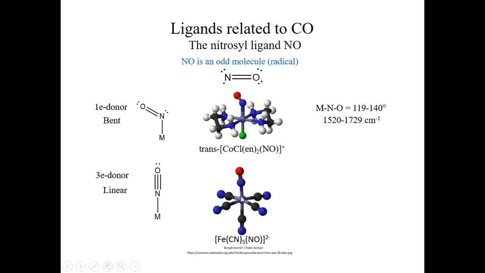And you can see this from the fact that the metal nitrogen oxygen bond angle is nearly 180 degrees. Okay, so typically the bond angle can vary between 165 and 180 degrees, and the NO stretch vibration is between 1610 and 1680 wave numbers.